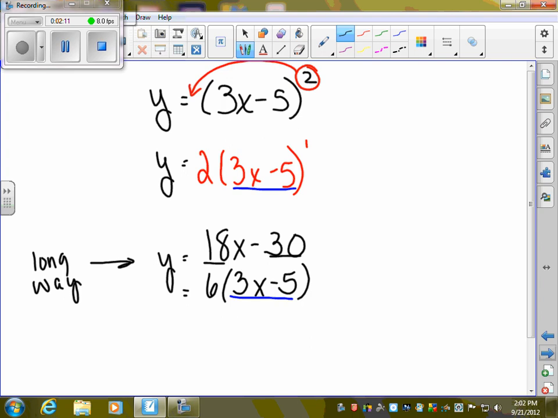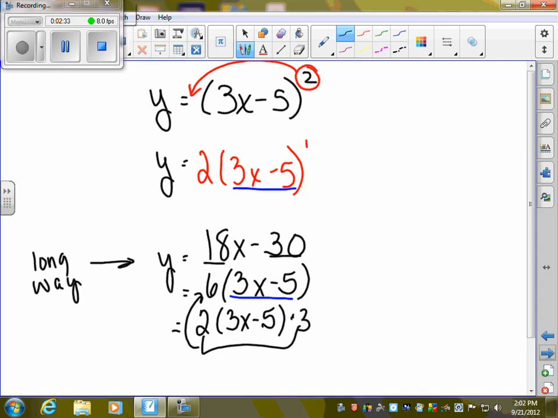Then what I could do is rearrange this, because I'd really like for it to look like this: 2 times (3x minus 5). Well, if I do that, I could change this to be 2 times (3x minus 5), but then I could multiply by 3 at the end. That way, 2 times 3 would give me my 6 in the front, and I'd have my (3x minus 5).